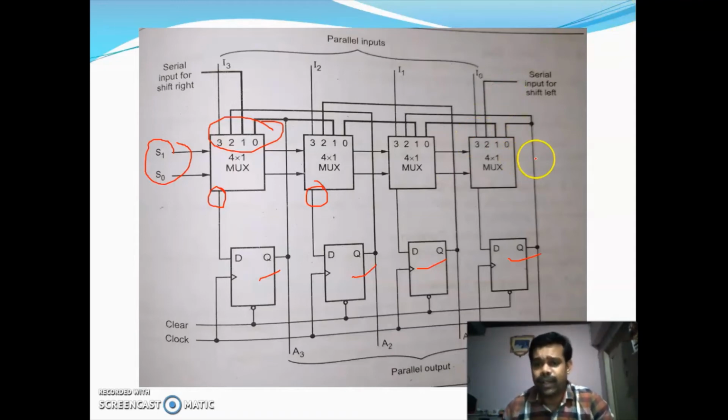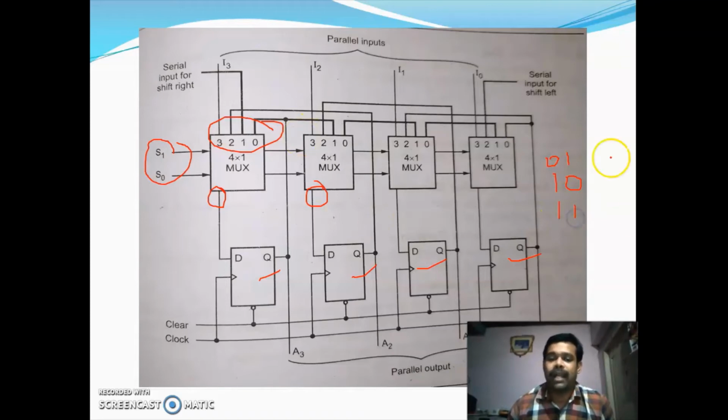When you are giving 0, 1, it will perform shift right operation, and when you are giving 1, 0, it will perform shift left operation, and for 1, 1 parallel load.